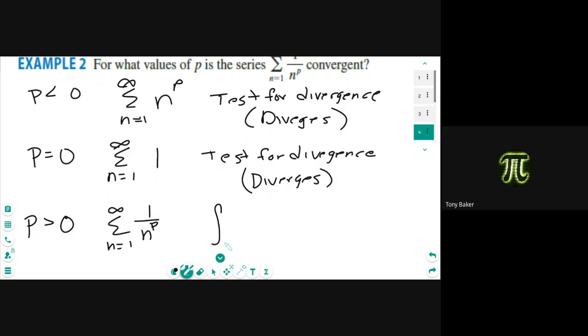I now have the integral from 1 to infinity of 1 over x to the p dx. So how can we figure out when this is divergent?